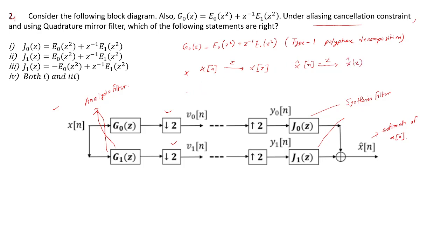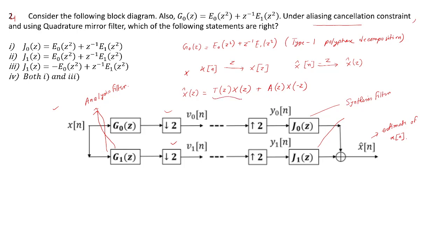Then we have seen that X hat(z) is nothing but the equivalent transfer function, which represents the entire block here, times the original spectrum of input x[n], denoted as X(z), plus an aliasing component, which is also a function of the flipped version of the original input spectrum.